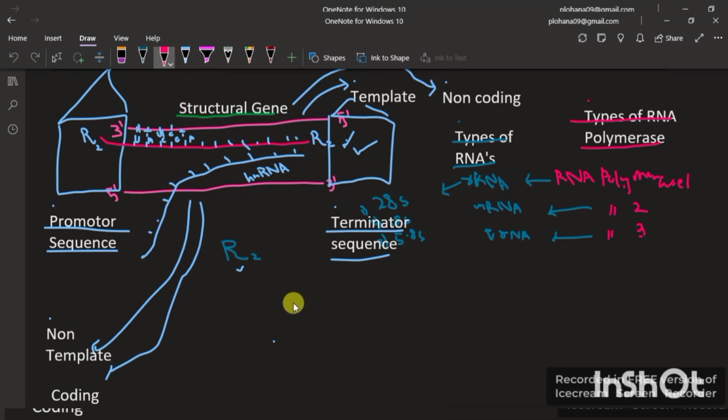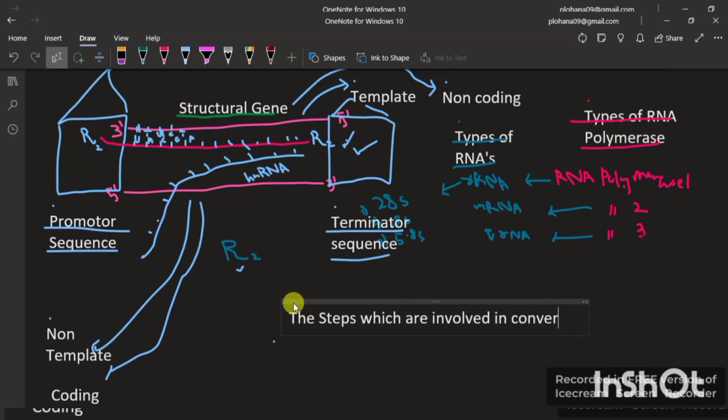Let me write here the steps which are involved in conversion of hRNA into mRNA.